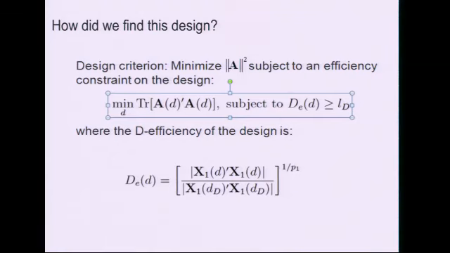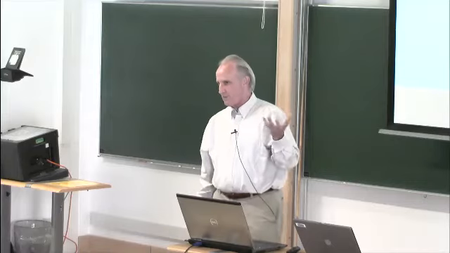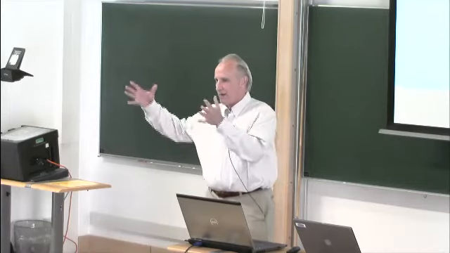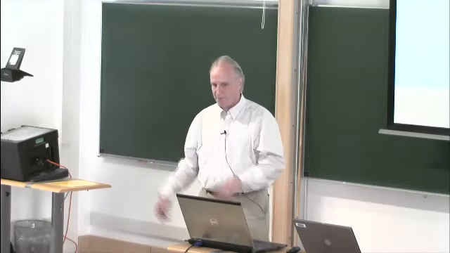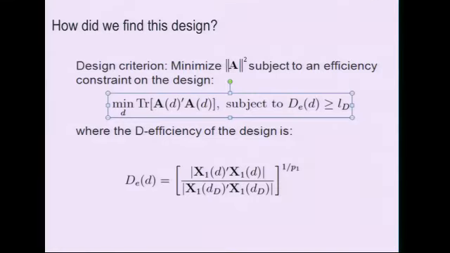Well, we were worried about the problem of aliasing and the multiple model problem, and we wanted to find a design that would minimize the aliasing of one set of terms that we define by another set of terms that we also define, minimize that aliasing in the sense of minimizing the sum of squared elements in the alias matrix, subject to a lower bound constraint on the D efficiency.